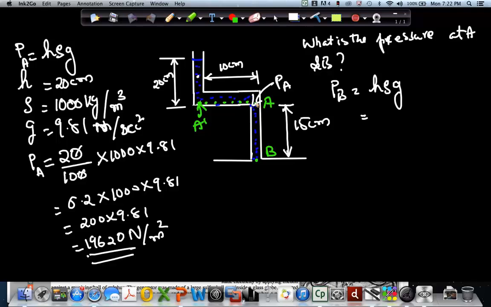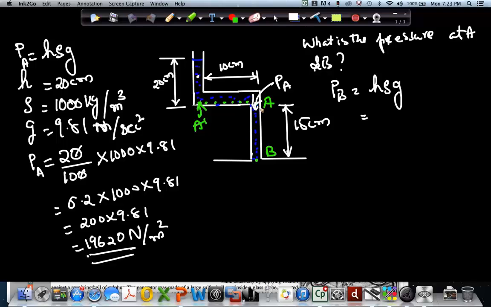PA is exerted in all directions, so it is also exerted down. So PA is exerting down, and at PB it is PA plus this liquid column. That also gets added. You understand? Clear?